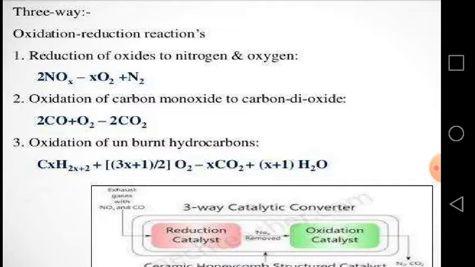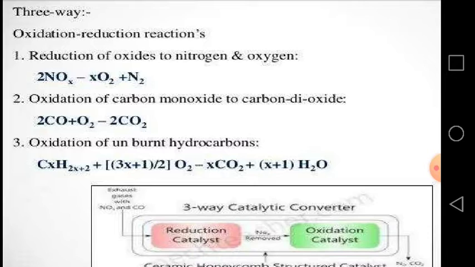oxides to oxygen and nitrogen. You can see the nitrogen oxides converted into oxygen and normal nitrogen gas. And then the oxidation of carbon monoxide to carbon dioxide. As you can see, carbon monoxide reacts with oxygen and is converted to carbon dioxide. The third step is also an oxidation: the unburned hydrocarbons oxidize with oxygen and are converted to carbon dioxide and water.